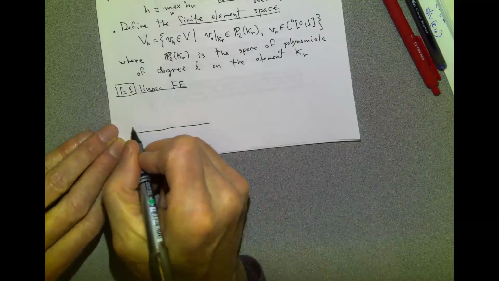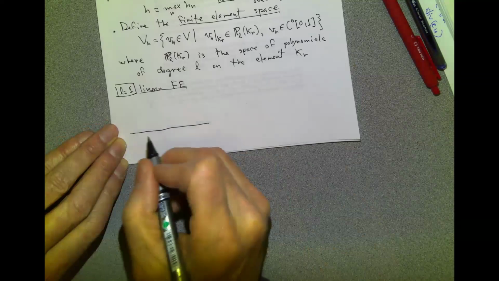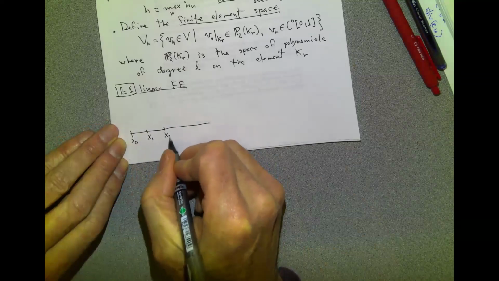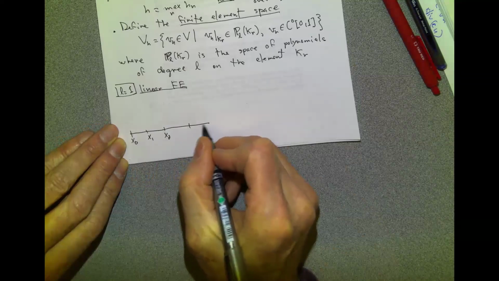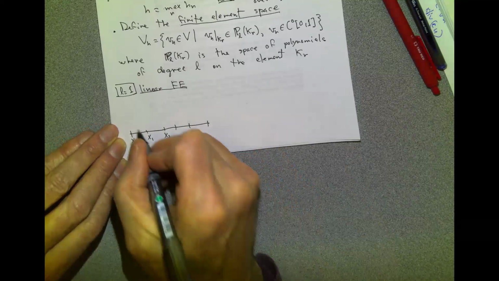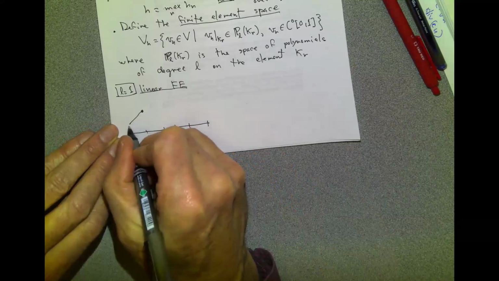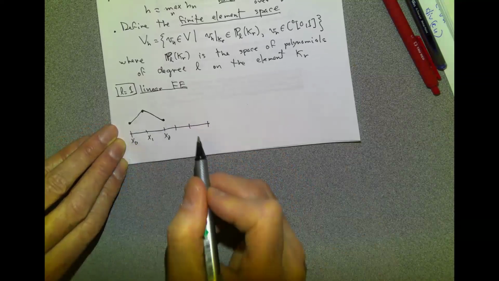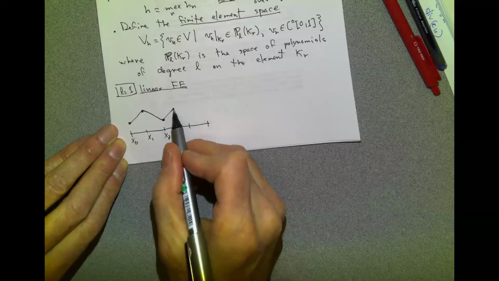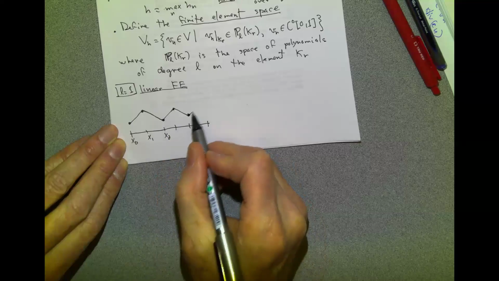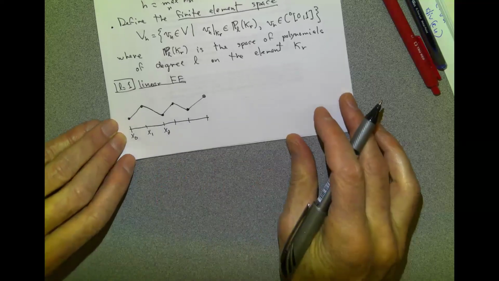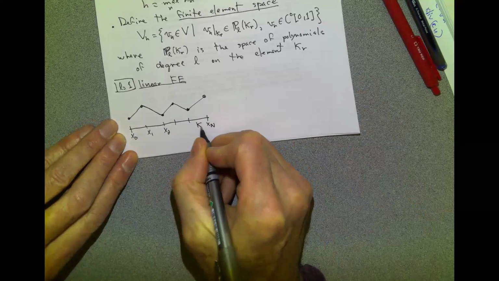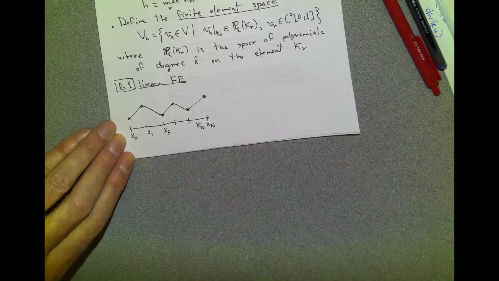So if you look at the function, with x0, x1, x2, and so on and so forth, you're getting the function to be something like that. 0 or not, depending on the boundary condition at x0, and then a function that is linear like that. So on every element, that's xn here, and that would be Kn, and your function would be linear.